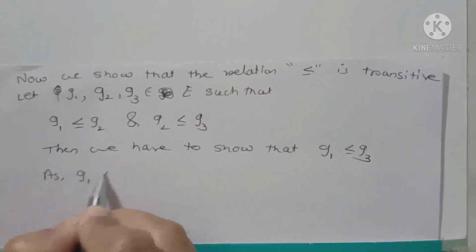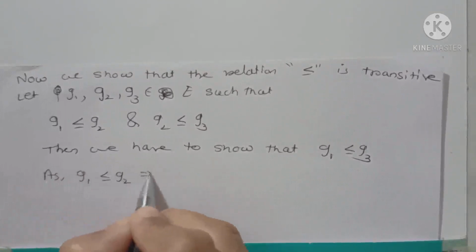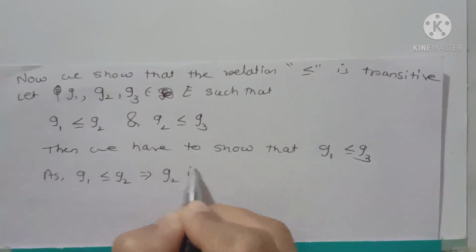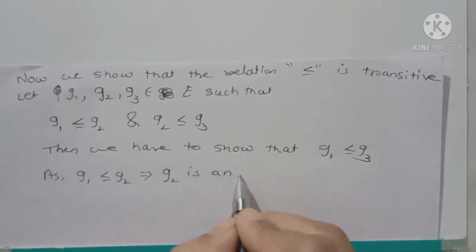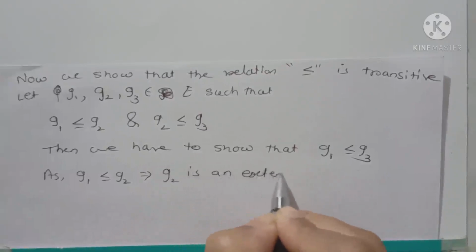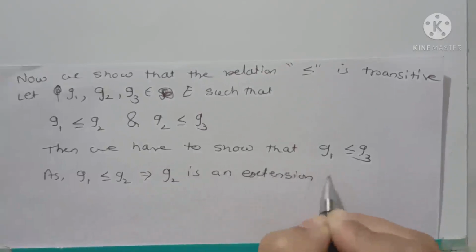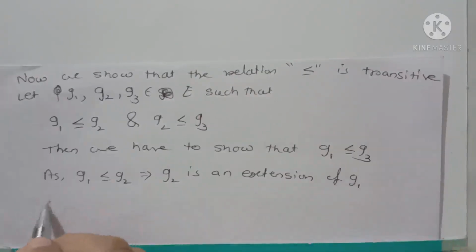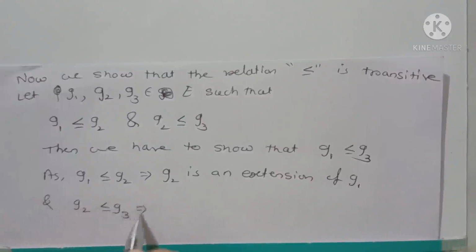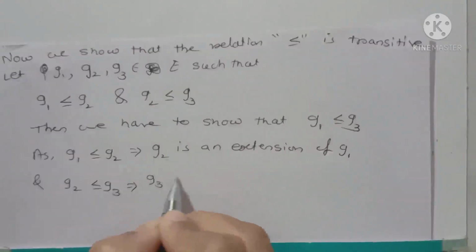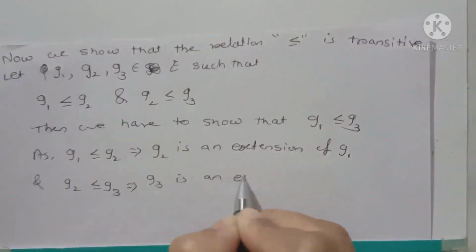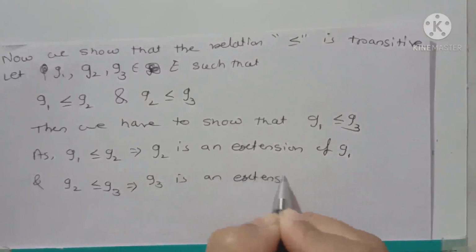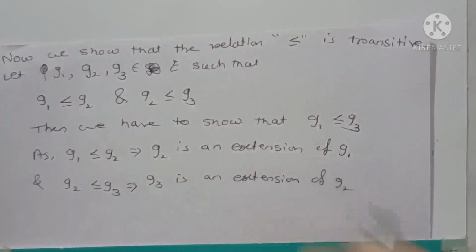as g1 less than or equal to g2 implies that g2 is an extension of g1, and g2 less than or equal to g3 implies that g3 is an extension of g2.